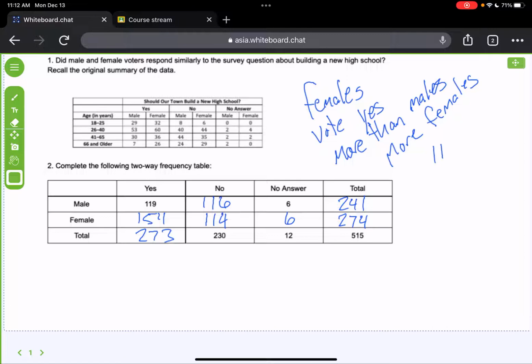If we said 119 divided by 241 and 154 divided by 274, 119 divided by 241 is 49%. 154 divided by 274 is going to be a little bit higher at 56%. So there's only about 7% more yes votes, which is not a lot depending on who you're asking, I guess. Okay, so there's number 1 and number 2.